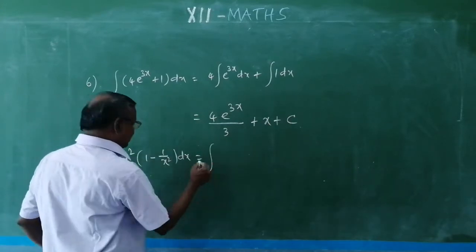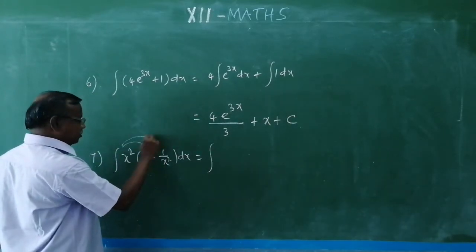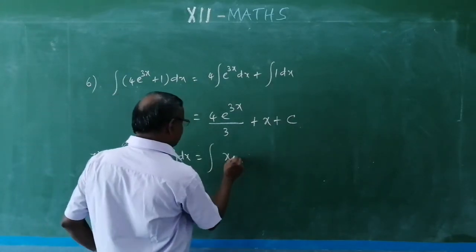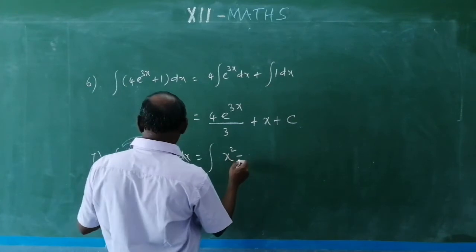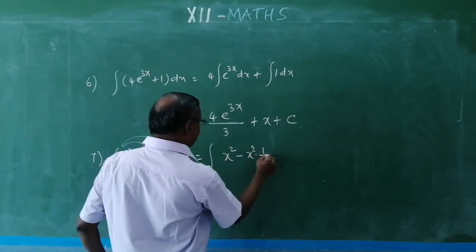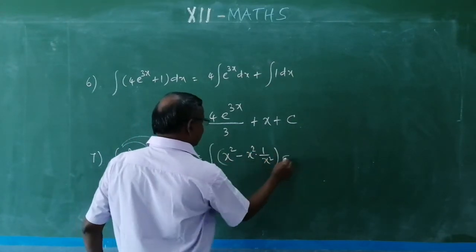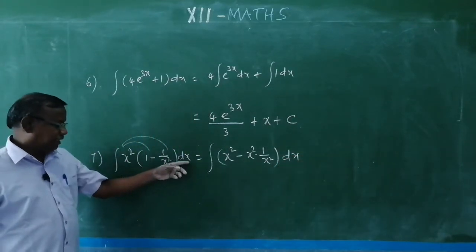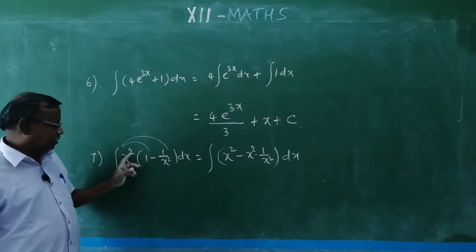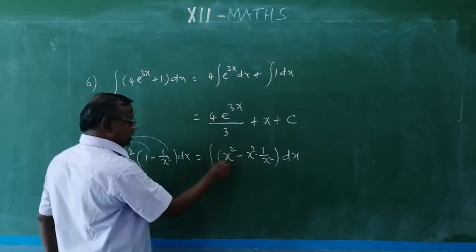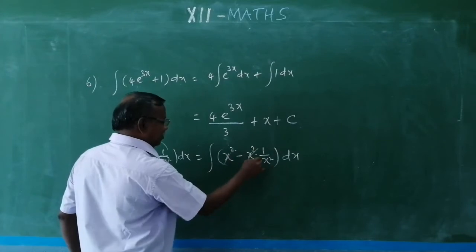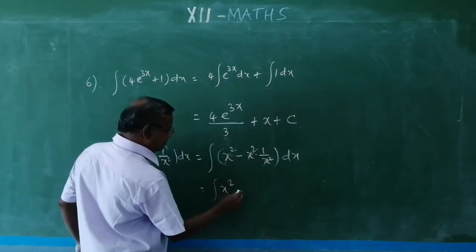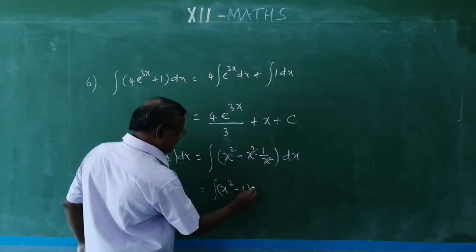Multiply the x square with the elements inside: 1 into x square minus x square into 1 by x square into dx. So x square minus 1, since x square into 1 by x square is 1. This is equal to integral of (x square minus 1) into dx.